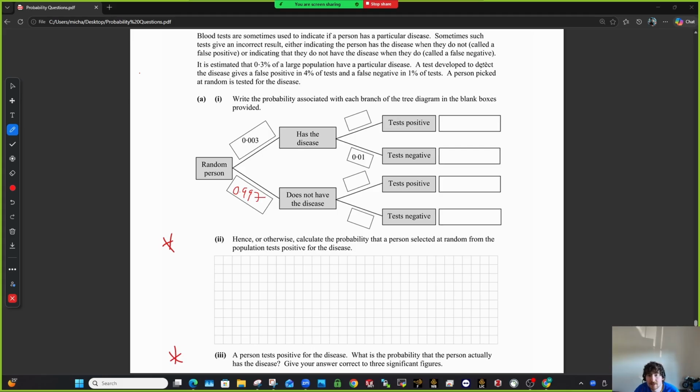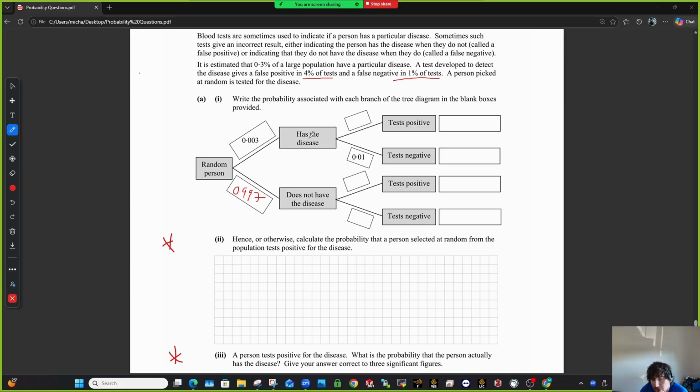A test developed to detect the disease gives a false positive 4% of the time and a false negative 1% of the time. So we need to somehow get that in the diagram. They've probably put the 1% in, but we have to put the 4% in for ourselves. A person is picked at random and is tested for the disease. Then write down the probability in the boxes. Right, so this is a little bit tricky.